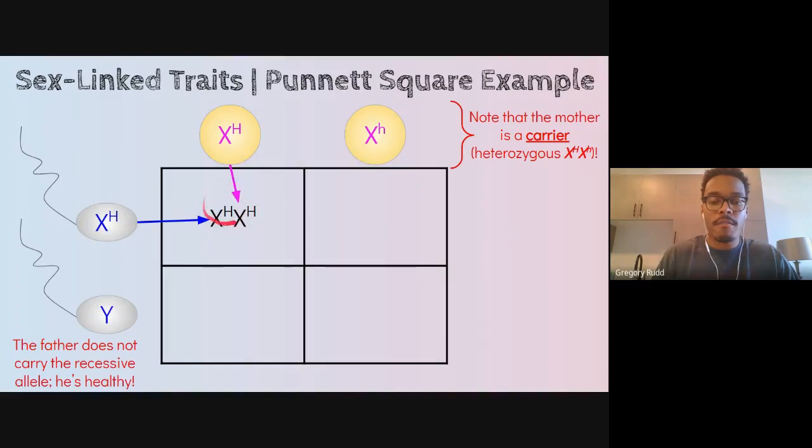But can you tell me what the phenotype is? Meaning, is this person, this XHXH, a male or are they female? Are they healthy or are they hemophiliac? Are they a carrier? What can you tell me about them?